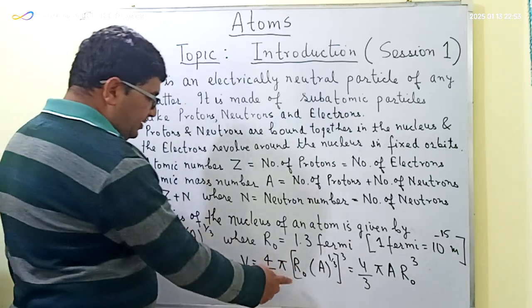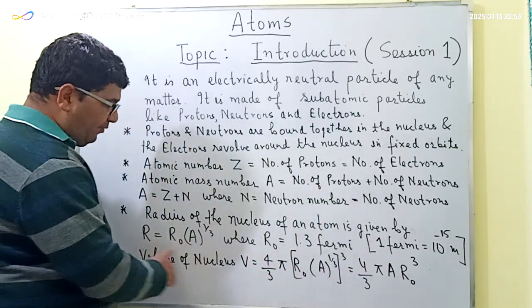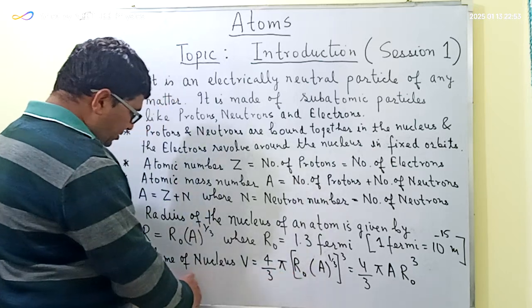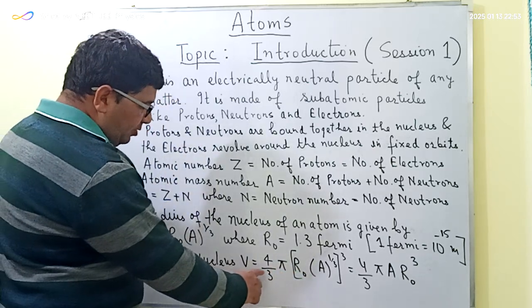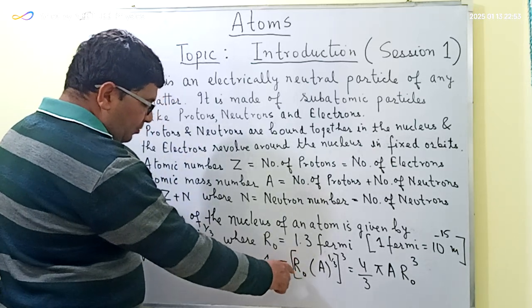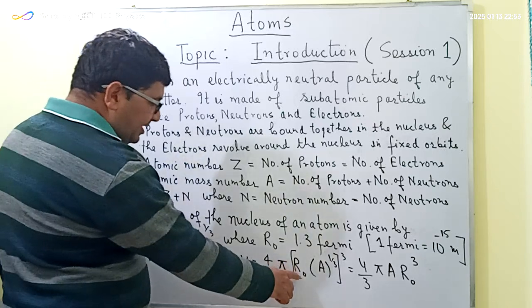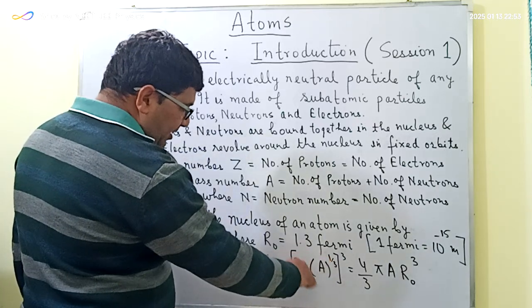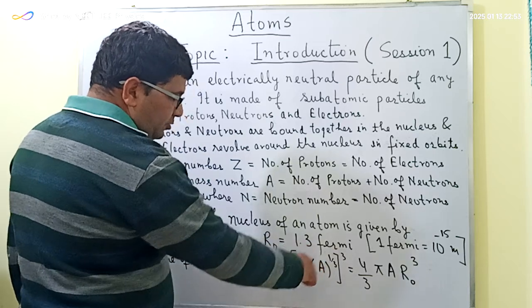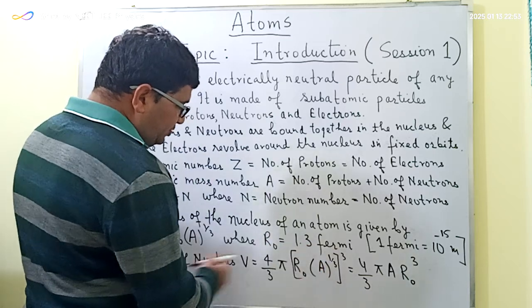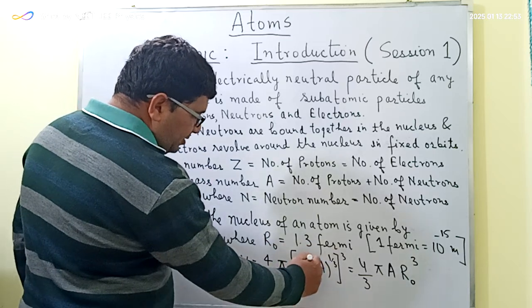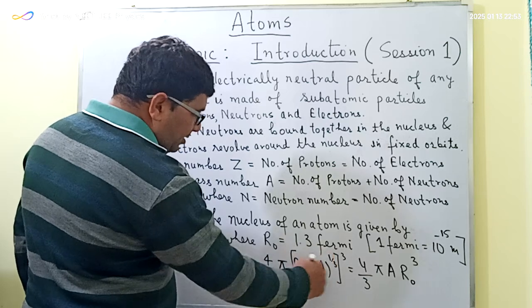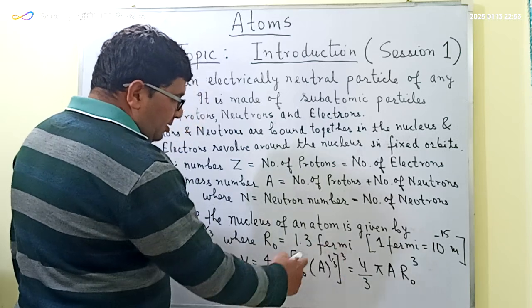So what I have done is that I have substituted the value of R in the volume of the nucleus, which is equal to 4 by 3 pi. By substituting the value of R, I will be getting this equation as R naught into A to the power 1 by 3, and this whole to the power cube.